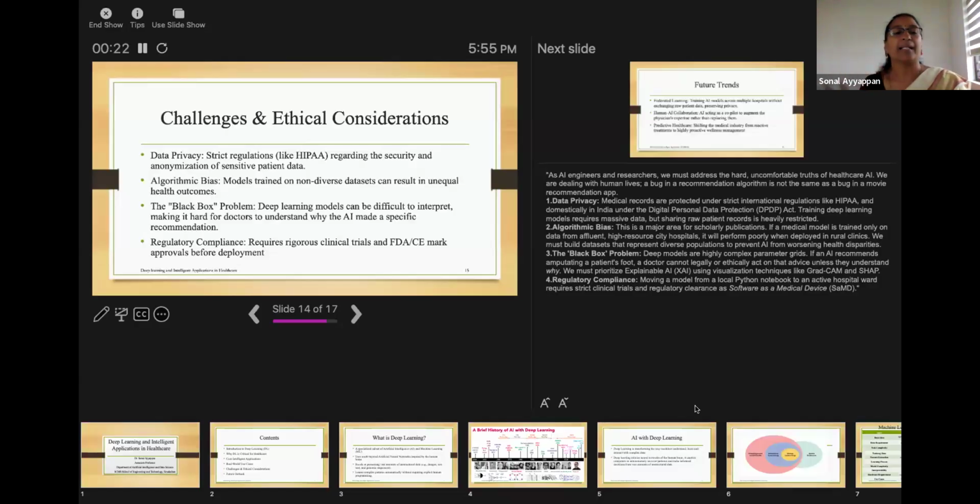So there should be a balance, because data taken from multi-specialty hospitals will be much heavier compared to data from a rural area. So that should always be balanced.